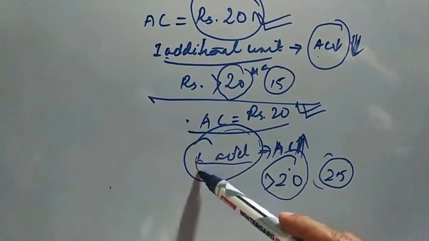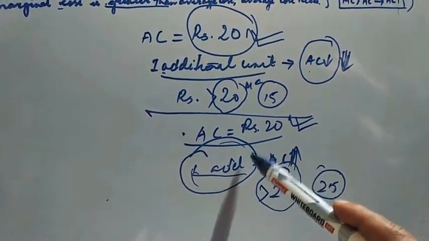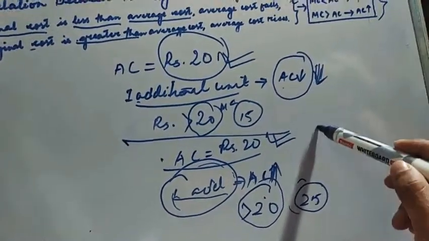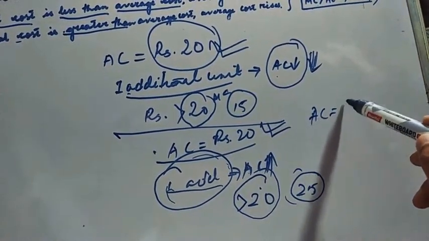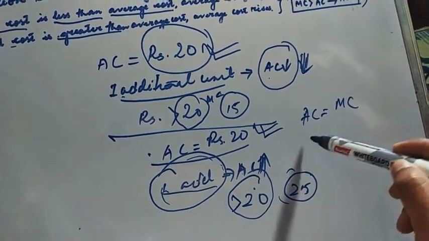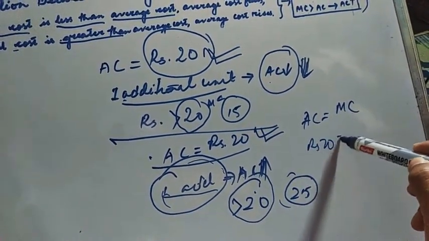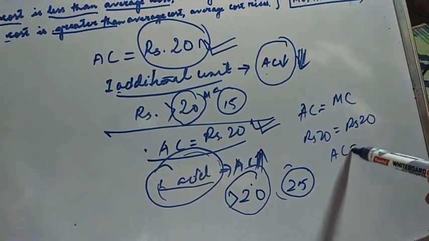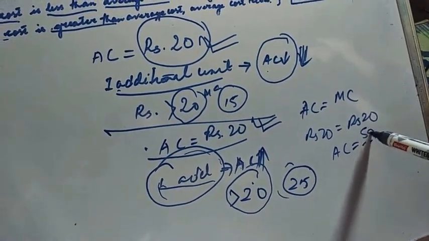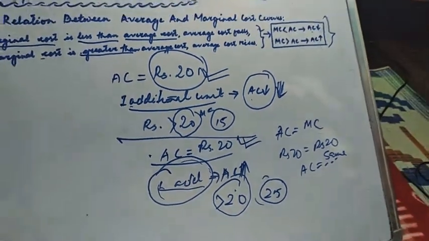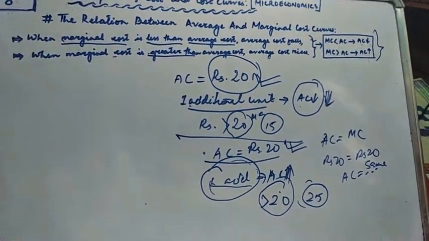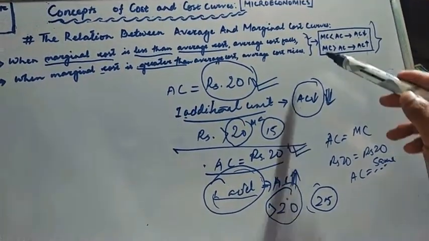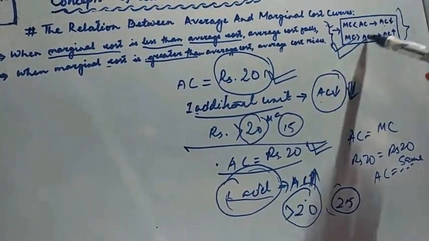And the same will go when average cost is equal to marginal cost. Let us say rupees 20, and here also rupees 20, then his average cost will remain the same. So those are some examples explaining the relation between marginal cost and average cost.